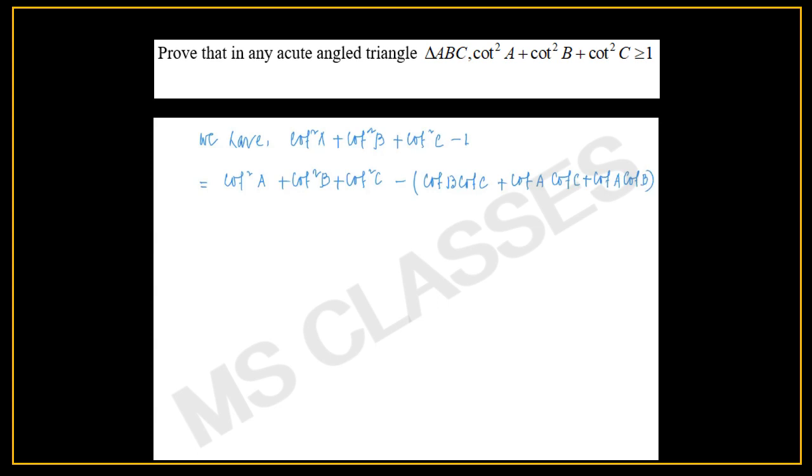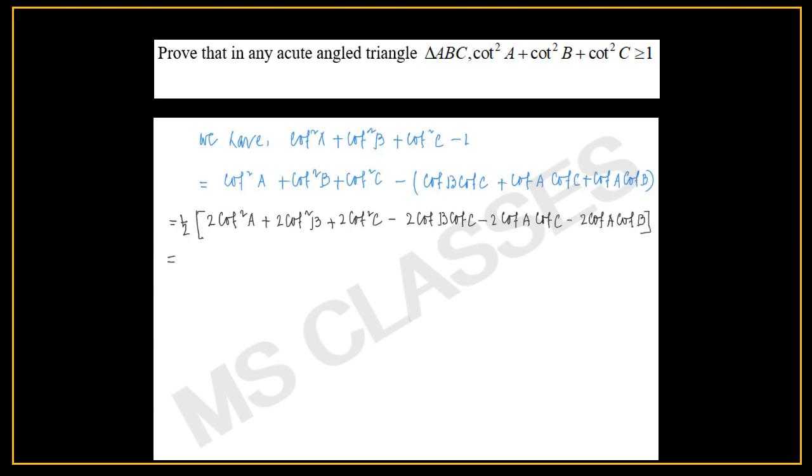So we take a half outside and multiply by 2. So twice cot square A plus twice cot square B plus twice cot square C minus 2 cot B cot C minus twice cot A cot C minus twice cot A cot B.